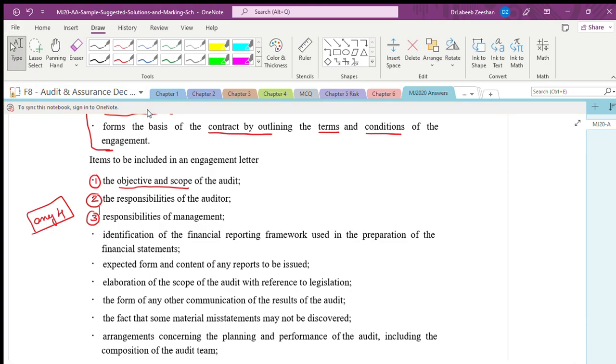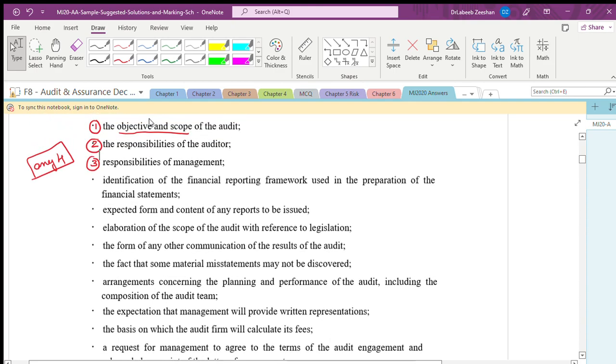Fine. Now, after that, identification of financial reporting framework. Expected form and content of any reports. I'm just putting it as reference. The form of any other communication of the results of the audit.